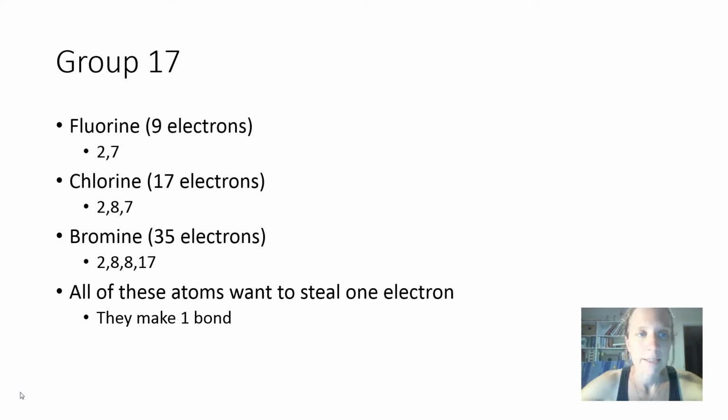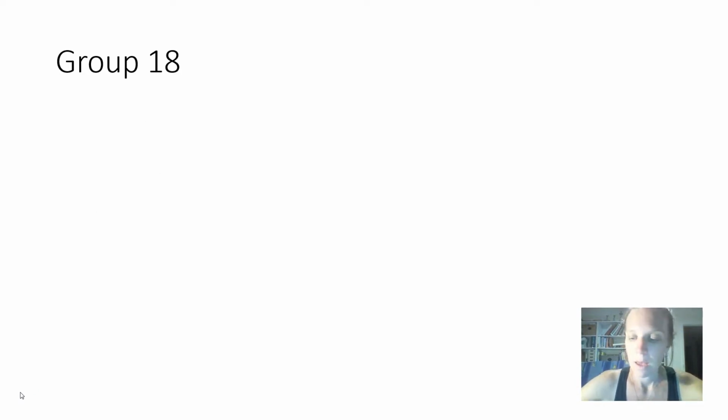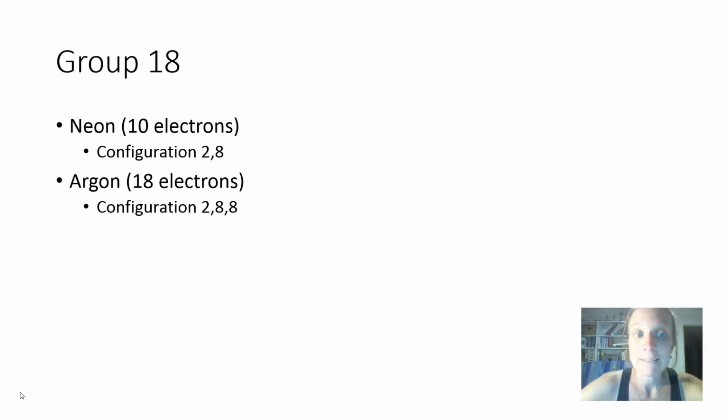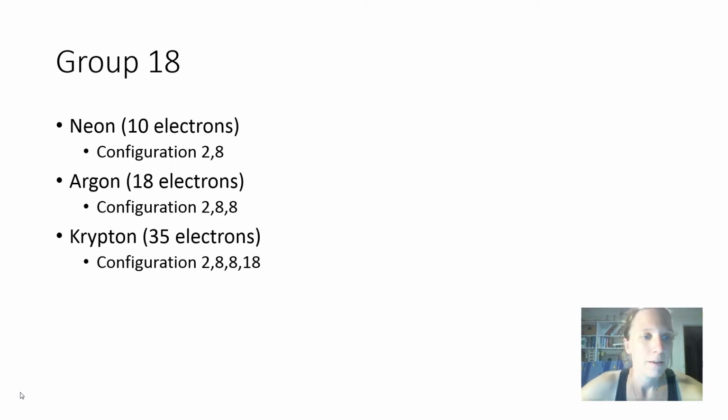And finally, let's look at group 18 on the far right-hand side of the table. Some of the members of this group would include neon and argon. Neon, for example, has 10 electrons, or a configuration of 2,8. Argon has 18 electrons, a configuration of 2,8,8.